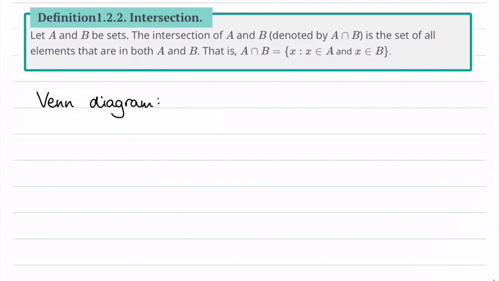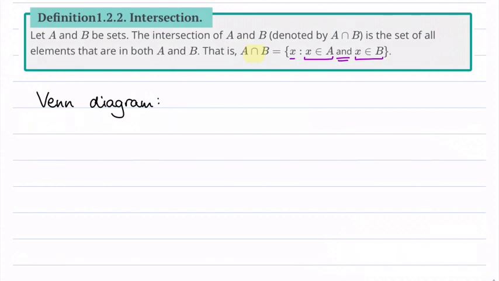This notion is called the intersection, and the symbol that we use is this little downward facing U. So the intersection of sets A and B is the set of all x such that x is an element of A and x is an element of B.